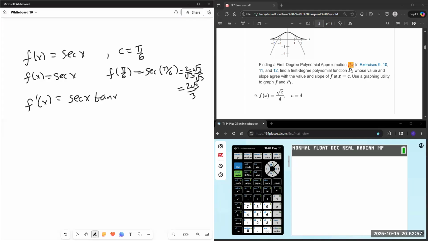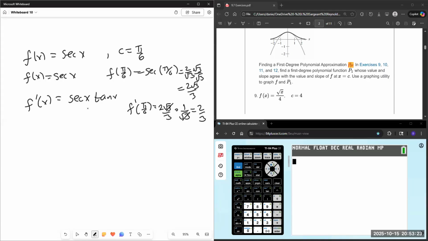And f prime of pi over 6 is going to be, we already just found secant of that, 2 root 3 over 3 times tangent, which is 1 over root 3. So the root 3's will cancel and give me 2/3.